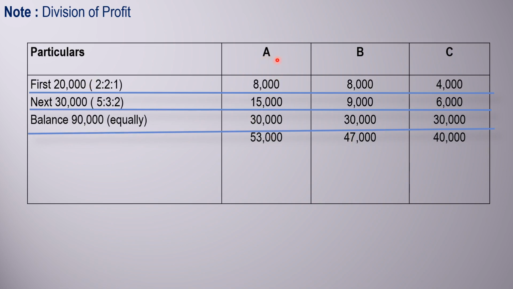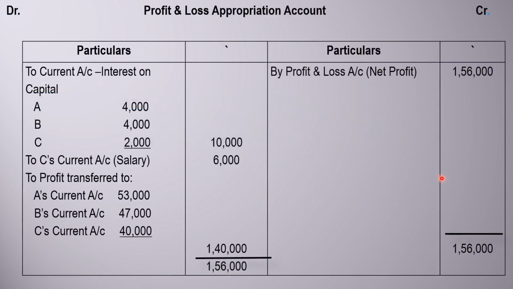Now across the first, second and third slabs, total profit is 53,000 to A, 47,000 to B, and 40,000 to C. We have to transfer that profit to the respective current accounts: A's current account 53, B 47, and C 40,000.